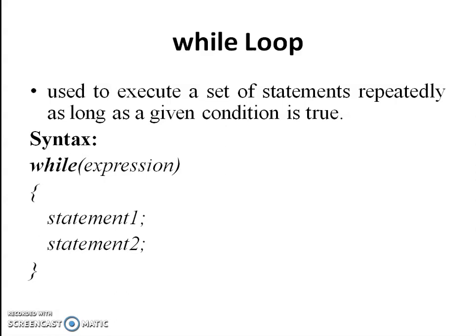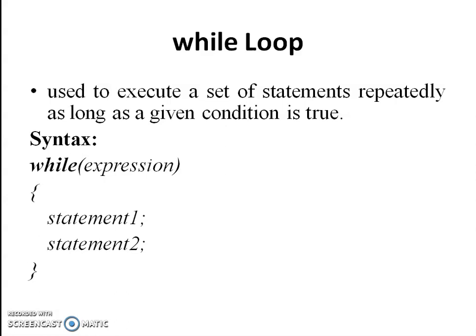On the slide you can see the syntax. Using the keyword while, inside the brackets you give the expression or condition which you are going to check. If that condition is true, then it comes inside the curly brackets and executes statement 1, statement 2, etc. inside that while block. If the expression is false, it comes completely out of the while loop.